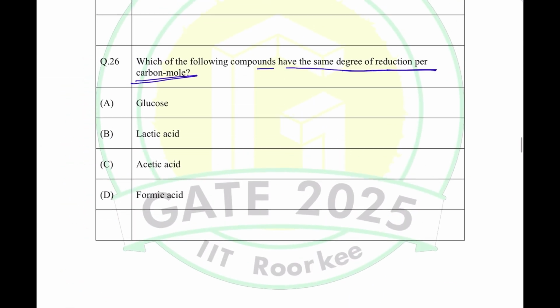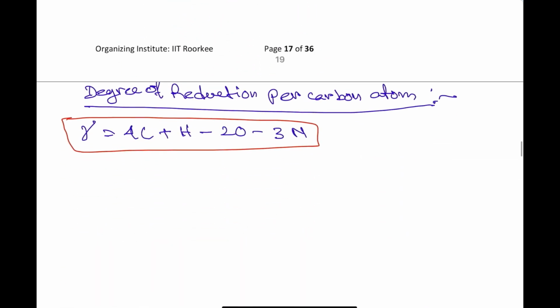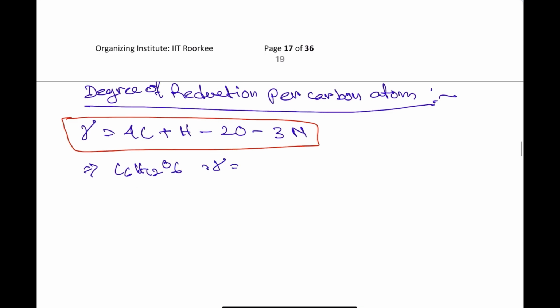So what is given here? Glucose. Glucose, we know the formula C6H12O6. So if we put it here, we get 4 into 6 plus 12 minus 2 into 6 minus, there is no nitrogen, 0. We will get 24.